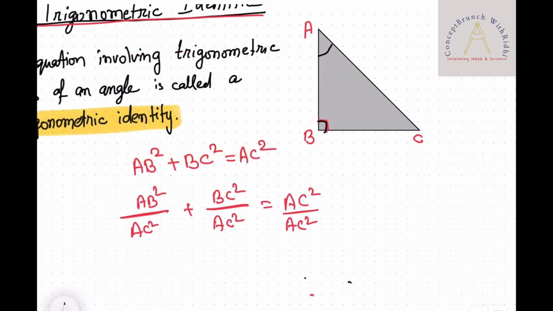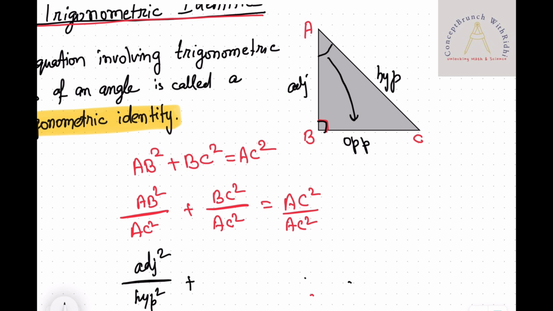So according to that, this is your opposite, this is your adjacent, and this is your hypotenuse, correct? So AB we can understand as the adjacent square divided by hypotenuse square, plus we can understand this as opposite square divided by hypotenuse square, and AC square by AC square is 1.